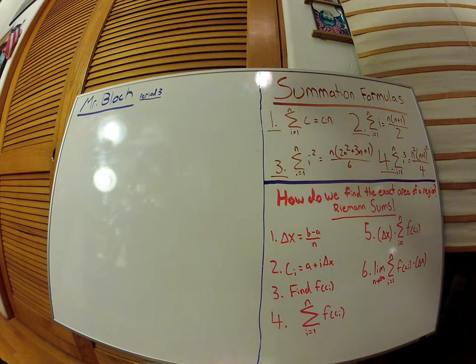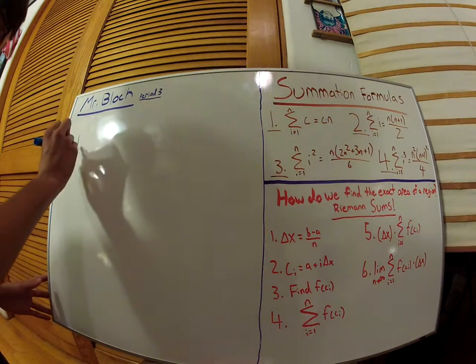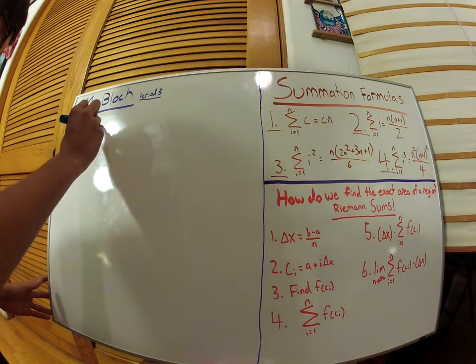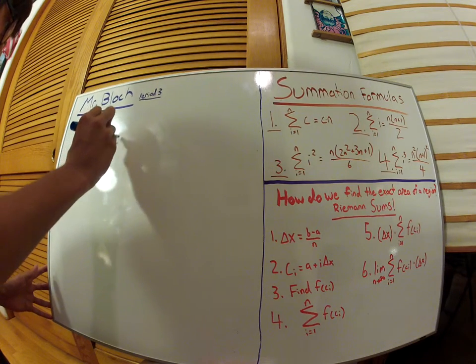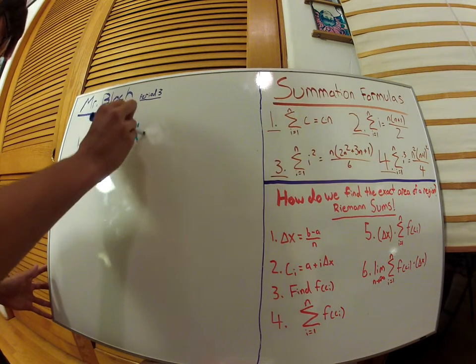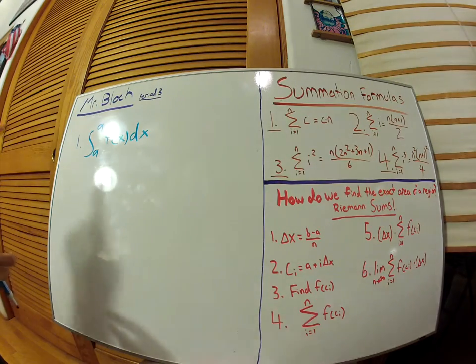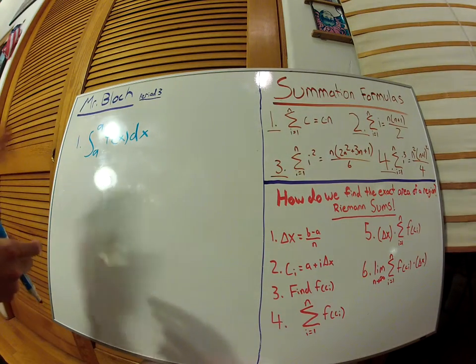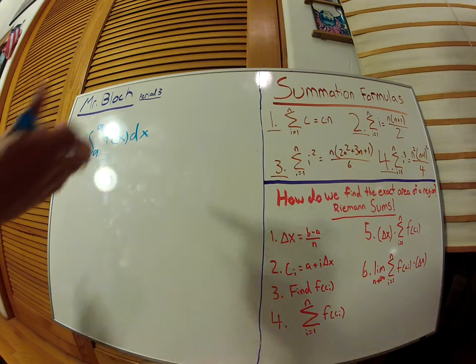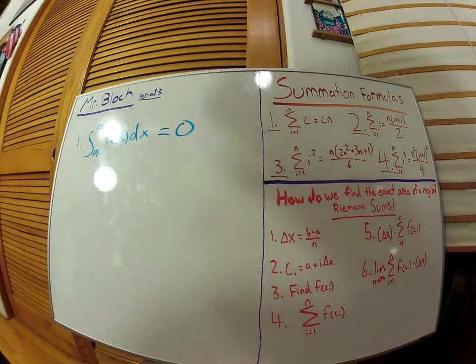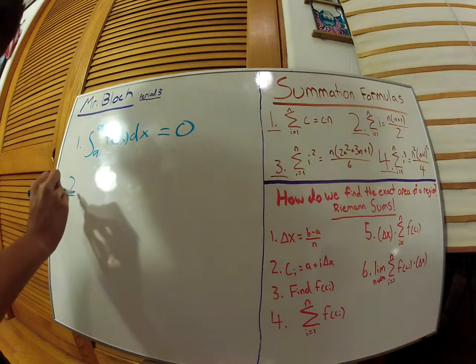You want to recognize that if you have an integral and both limits are the same number, you don't want to find this out the long way. If your limit is a and your other limit is a, same spot, you're not moving anywhere, you're not finding any area, it is equal to 0.